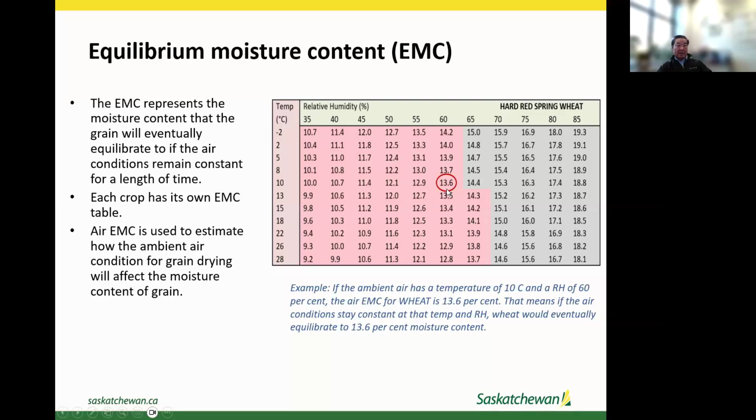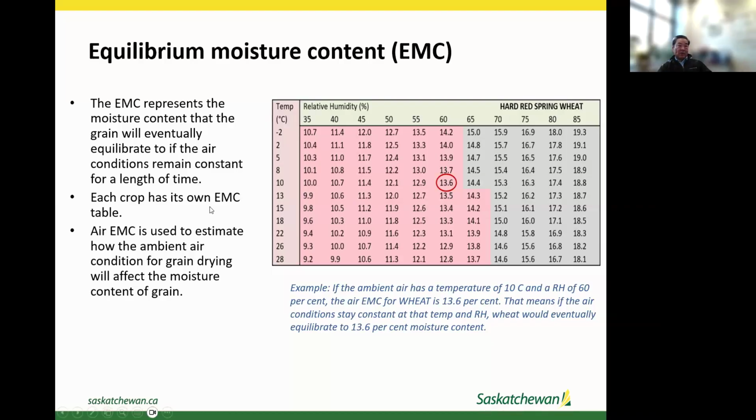That means if you continuously blow this air and let it be in contact with your grain, eventually this particular grain would have a moisture content of 13.6%, which is very important for understanding what kind of conditioned air you would use to dry your grain.